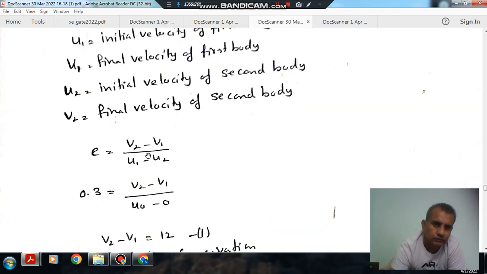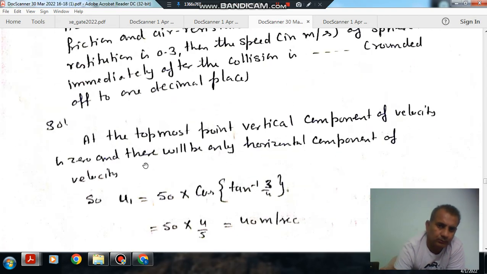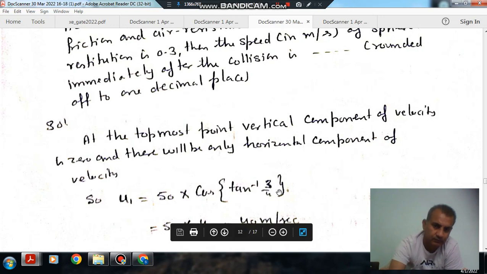At the topmost point, the vertical component of velocity of the sphere A will be 0, so there will be only the horizontal component, and that component is u cos theta, where theta is tan inverse 3 by 4.